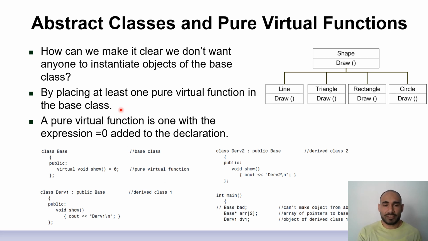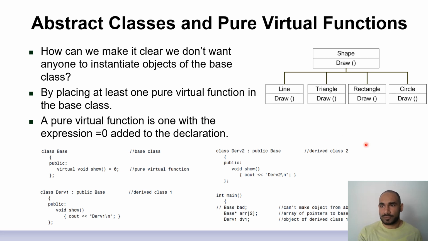All right, so in this slide you learn two aspects of object-oriented programming in C++: what a pure virtual function is and how to make an abstract class. In this class hierarchy, for example, the shape class would have the draw method as a pure virtual function. So you would say virtual void draw equal to 0.